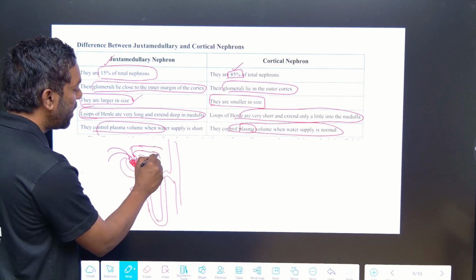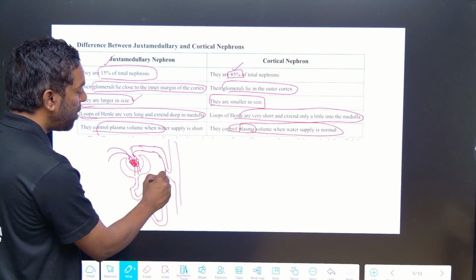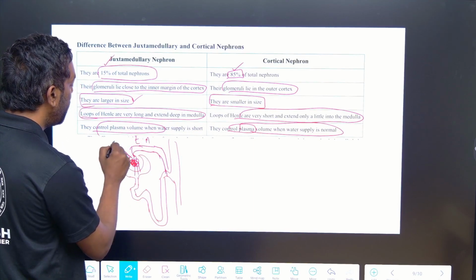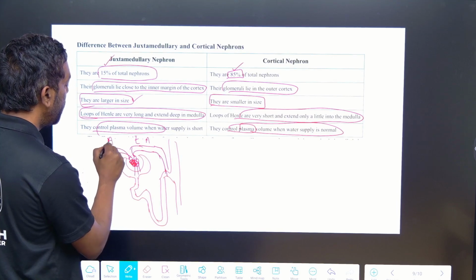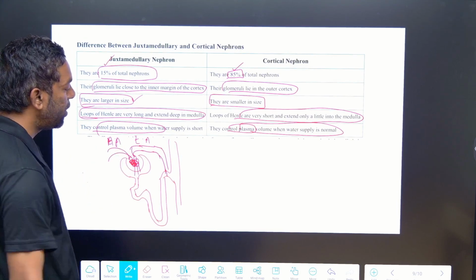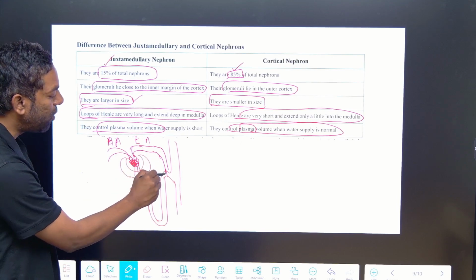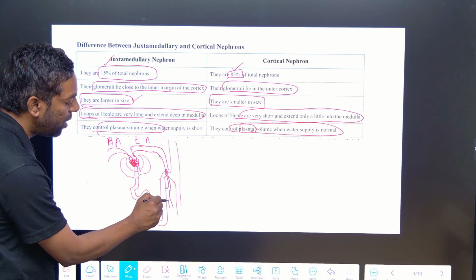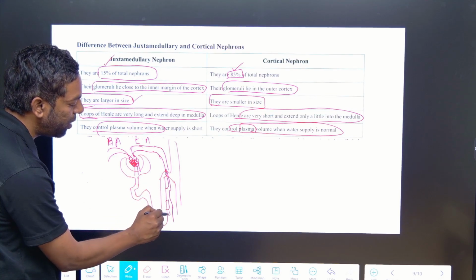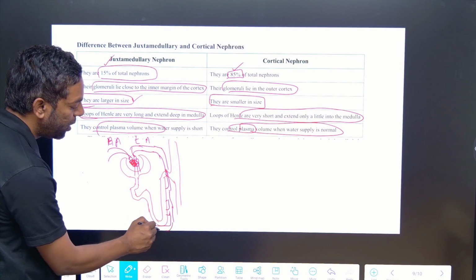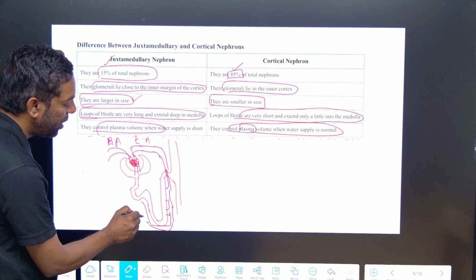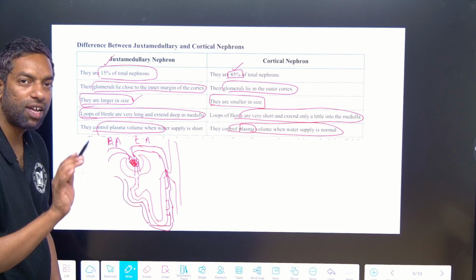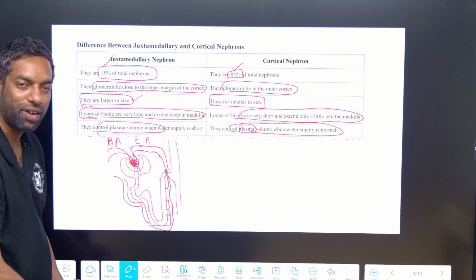The remaining blood forms the efferent arteriole, and this arteriole again forms a capillary network. This capillary network covers the Henle loop to give oxygen to the nephron tissue.